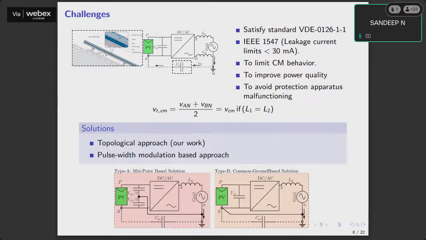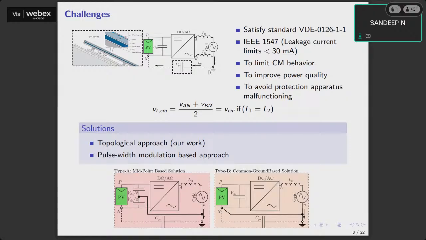This is the physical grounding that we have done for safety. So this parasitic capacitance is going to provide a path for the current. This is called the common mode current, or also the leakage current. This leakage current is going to cause a problem. What is the problem? It is going to distort the grid current.